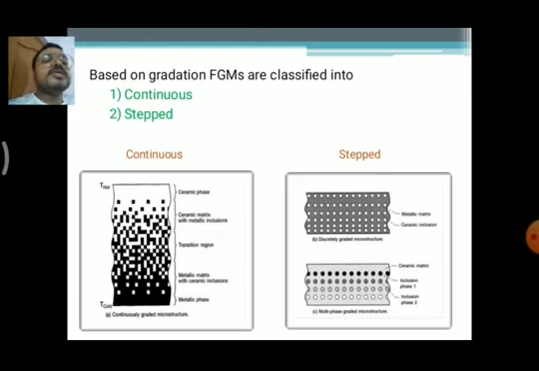So there are multi-phase gradient microstructures, and in every phase you see a different type of microstructure. When we see the ceramic matrix, we see a first microstructure. Different microstructures are observed in the stepped FGMs. Next, we are also seeing the metallic matrix with ceramic inclusions.